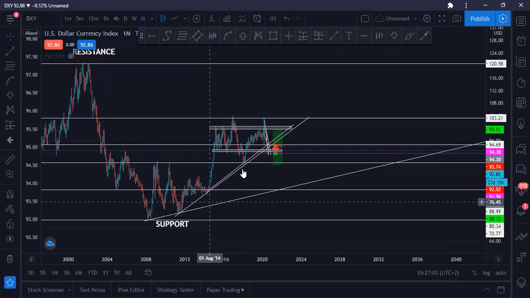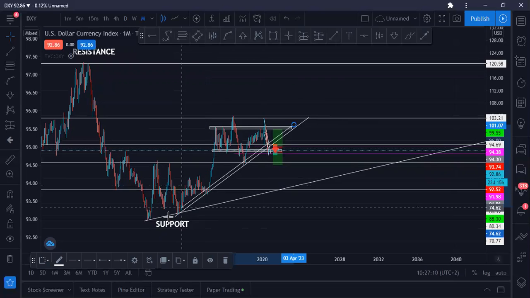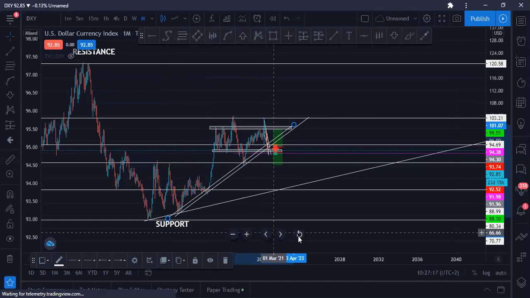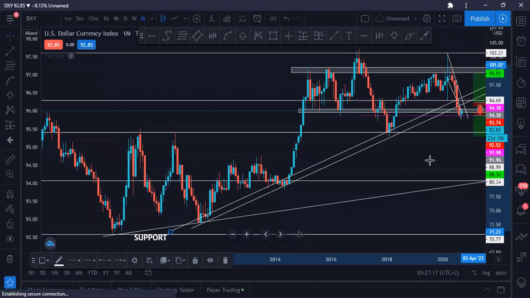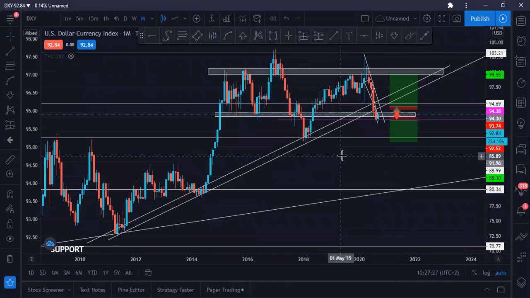If we zoom in onto the lower time frames, we can see that we have actually broken this major support line that was holding us up in this bull market.